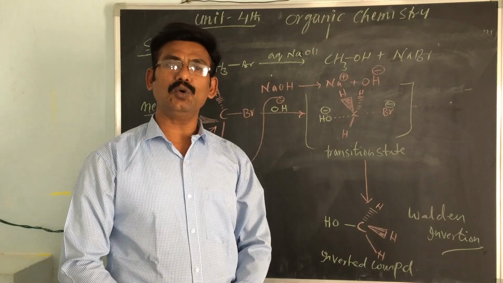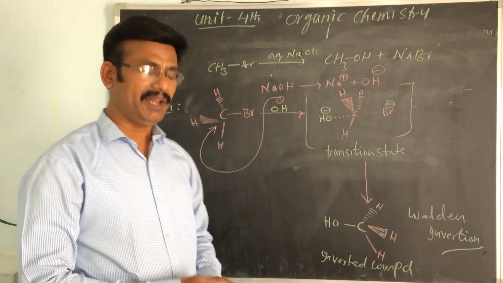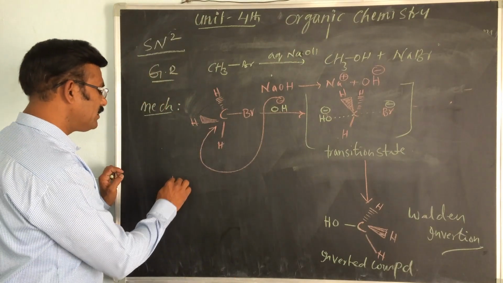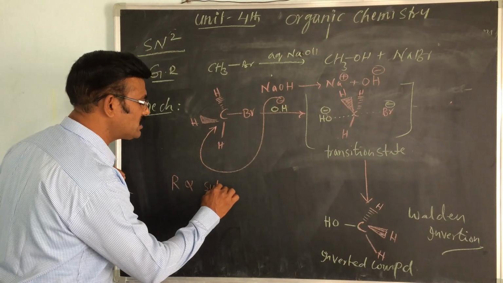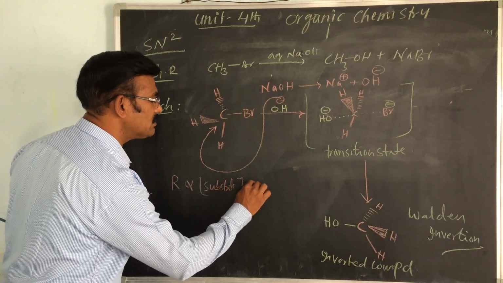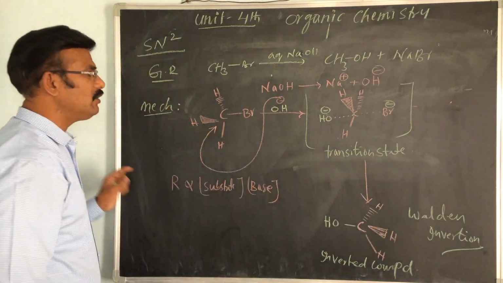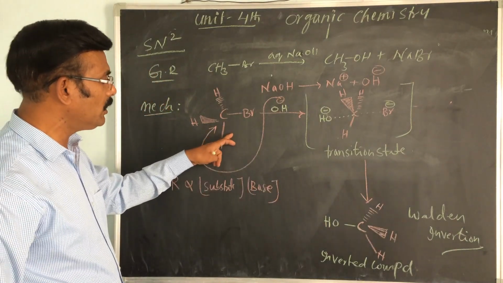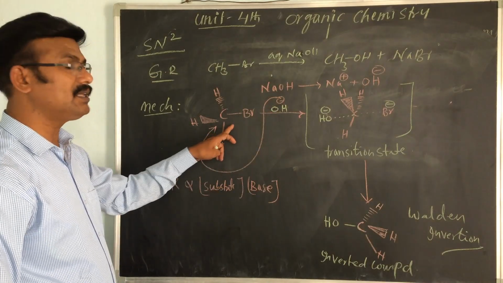According to kinetic theory, the rate is directly proportional to the substrate and the base, meaning the nucleophile. The base is OH, any OH, and the substrate is methyl bromide.